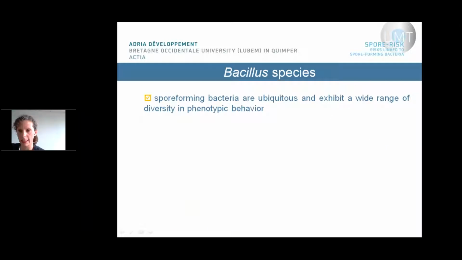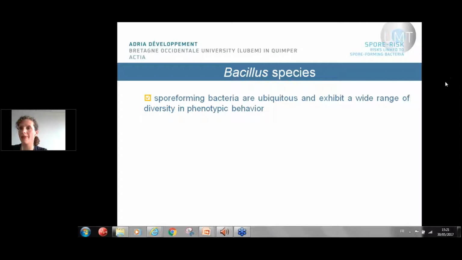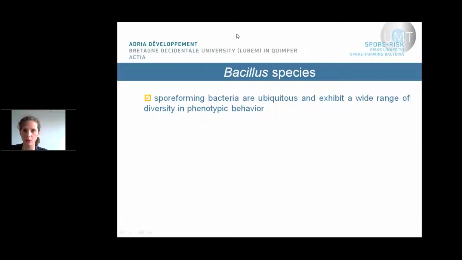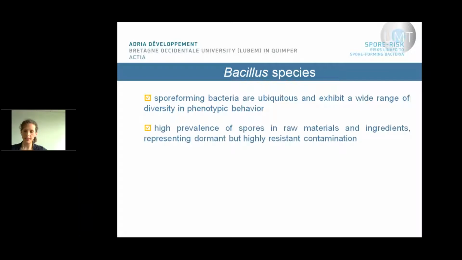First of all, I would like to share with you some points in order to give you a short introduction of the topic. Bacillus species are spore-forming bacteria, which are ubiquitous and exhibit a wide range of diversity in behavior.